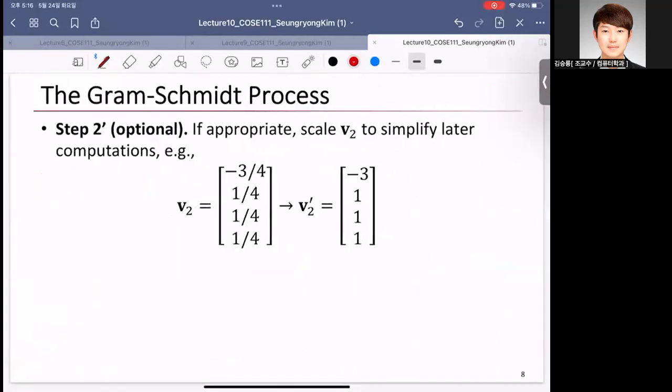Before that, in step 2, optionally, if appropriate, scale v2 to simplify later computation. Because v2 is difficult to use, we just rescale v2 as v2 prime, which is (-3, 1, 1, 1), for simplifying the later computation.